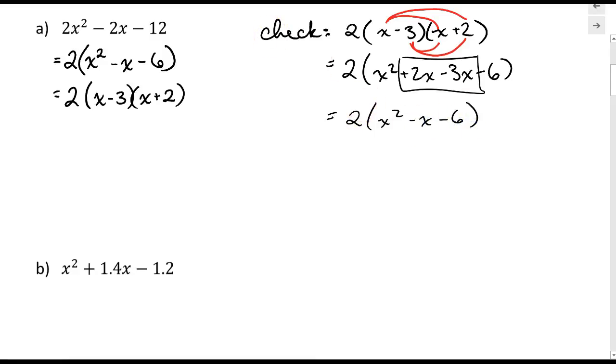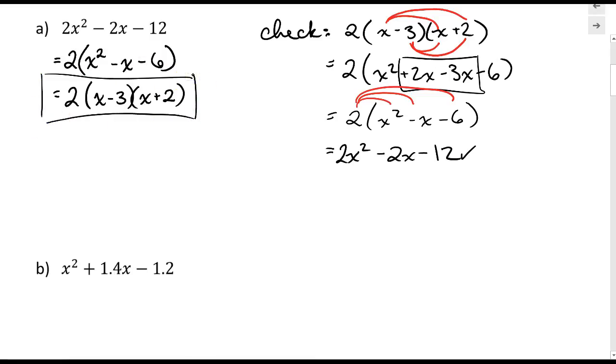And then we need to distribute that 2 back into the brackets, rainbow, and we've got 2x squared minus 2x subtract 12. And that does in fact match our first question, so we know we've done this right. But remember, this is my answer. That was just making sure I got the right answer.